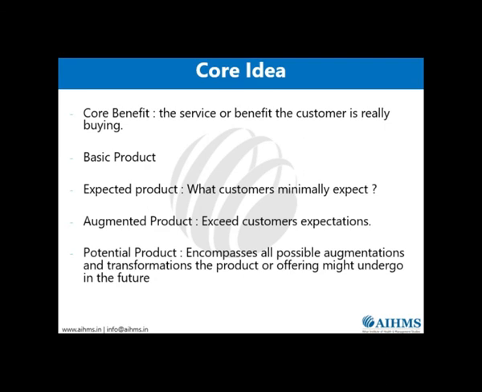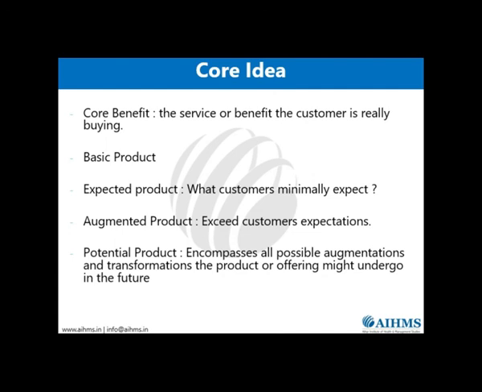So the core idea, to sum up this entire chapter, is that you have a product, and the core benefit is the service or the benefit the customer gets, which should be good enough that the customer would really want to buy it. Based on this, you talk about a basic product. For example, when you go to a hotel, it should have a clean bed set and a clean toilet, and basic facilities like a fan or an AC.